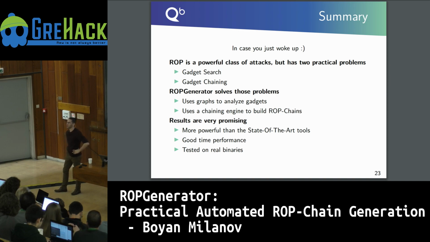It turned out to be not so efficient, because SMT solvers are very powerful, but the drawback is that they turn out to be quite slow also. If you want to combine gadgets and then solve the ROP chain with a solver, you have a combinatorial explosion and the computation time just takes too long.